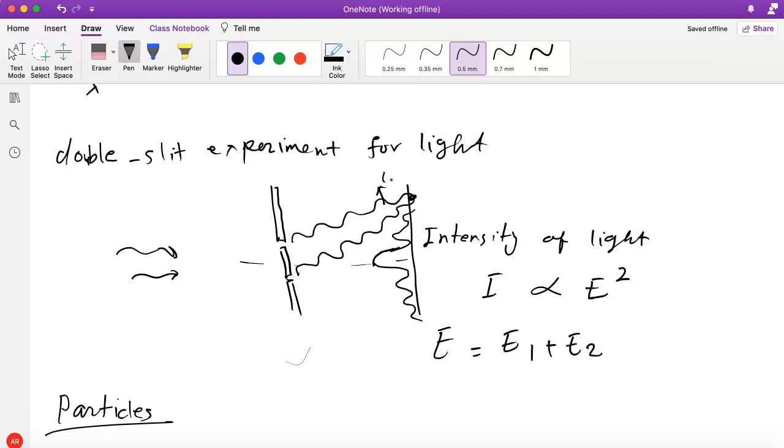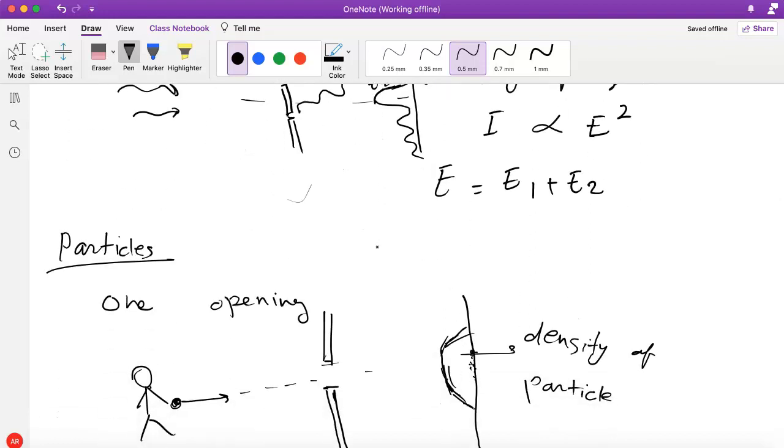So there's like E1 here, there's E2 there, and they add up. There's a superposition principle. The total electric field for every point is the sum of these two. And what we observe, this intensity, is the total field squared.